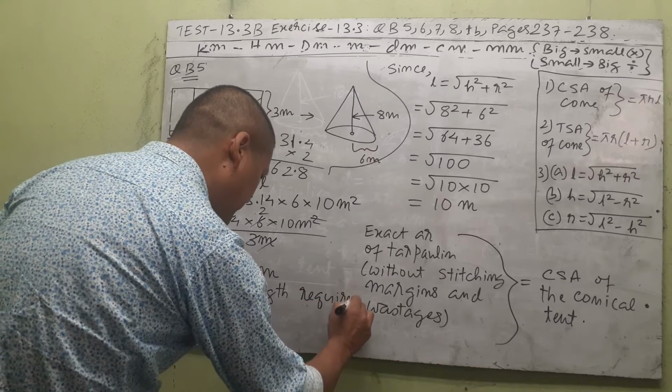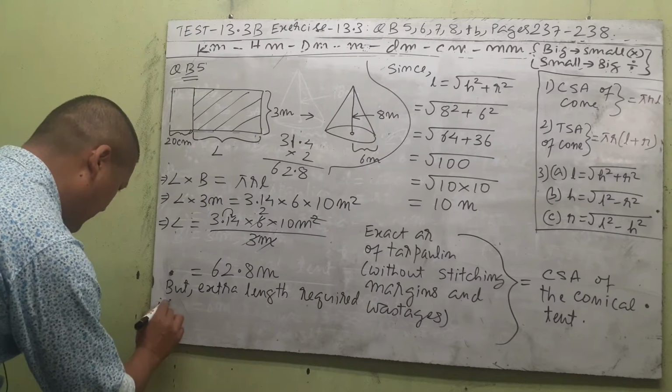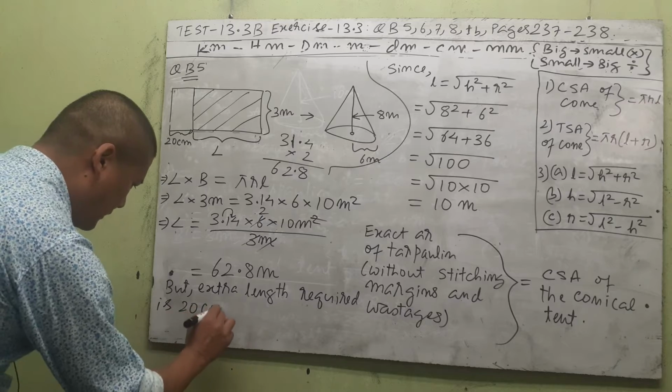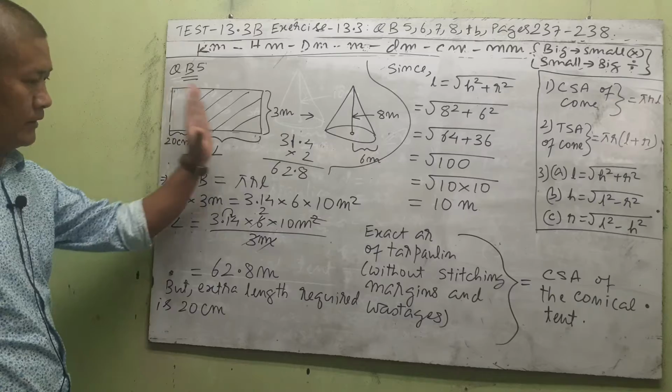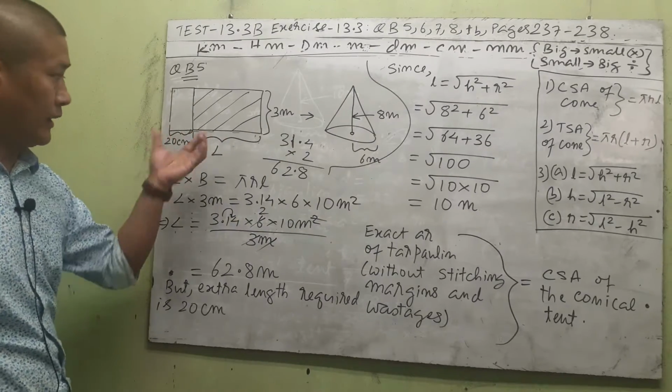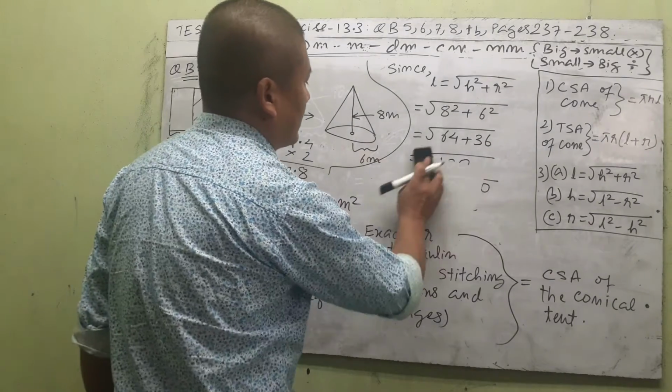Let us write in short, according to the question, it is 20 centimeter. So the extra length that we need to add to the exact amount of tarpaulin required is 20 centimeter length.